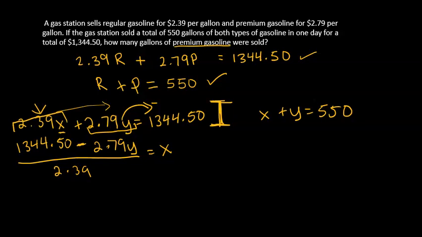I might have to do some math here. 1344.50 divided by 2.39. Okay, so I'm just going to go ahead and divide to get rid of this fraction.